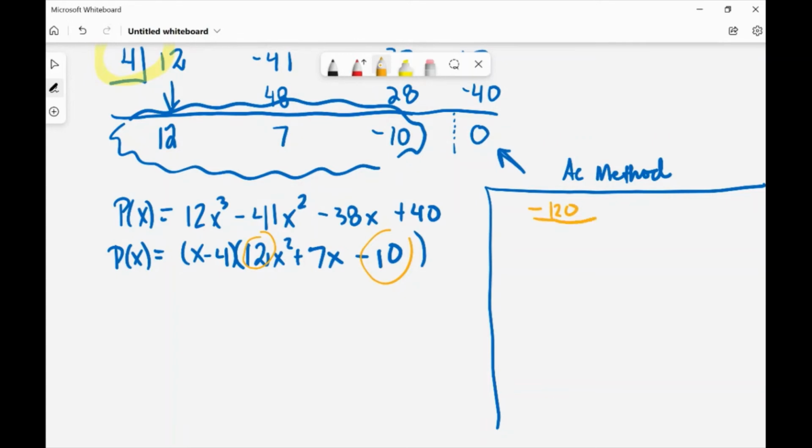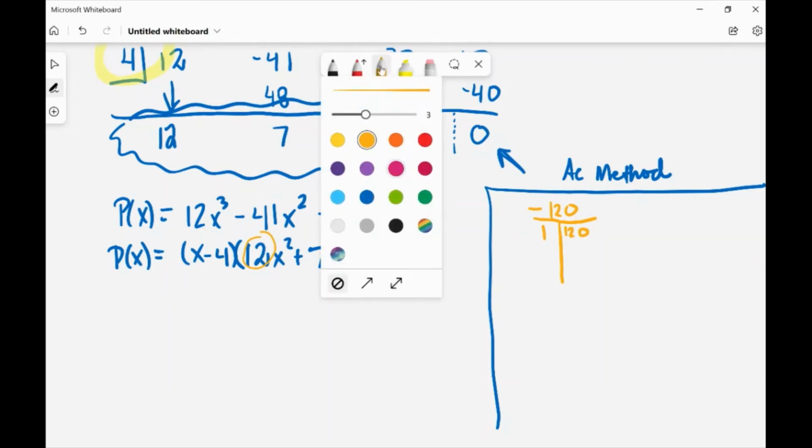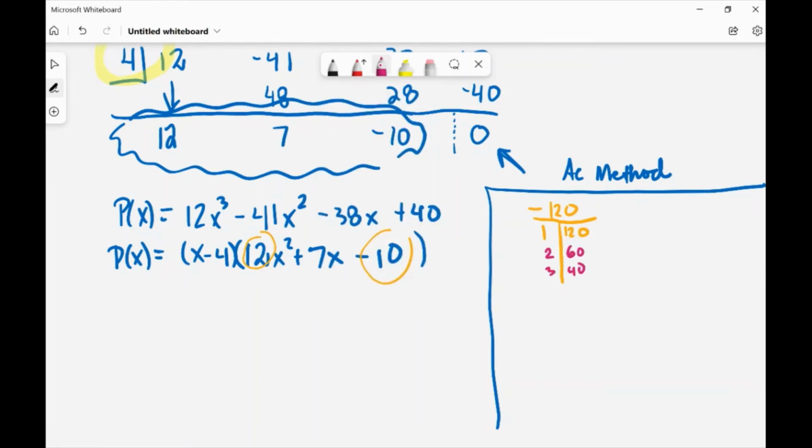All right, let's figure out the factors of 120. 1 and 120, what else? 2 and 60, 3 and 40, 4 and 30, 5 and 24, 6 and 20, 8 and 15, 10 and 12.